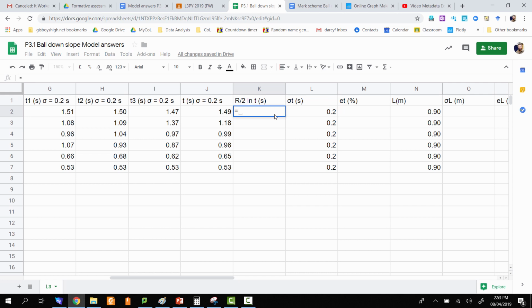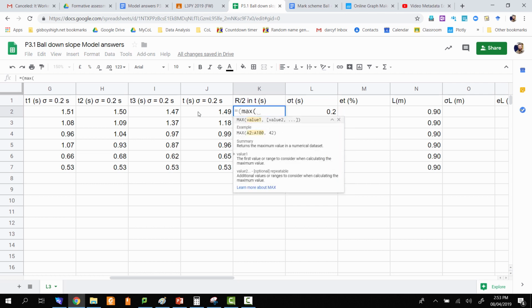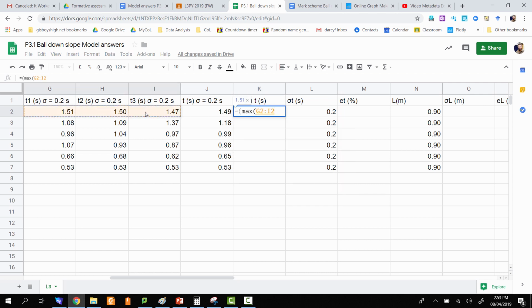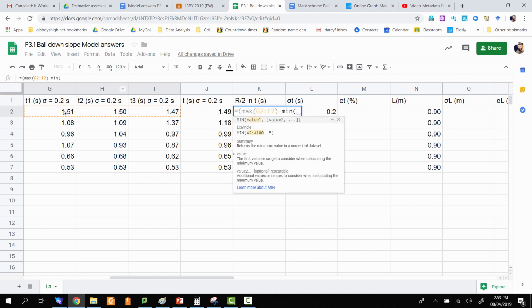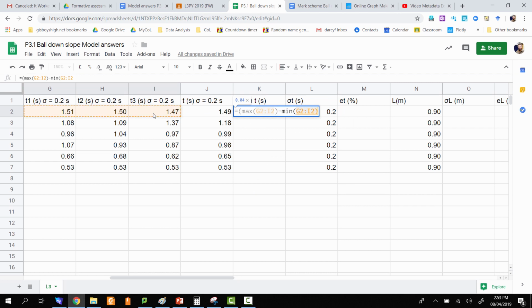So it equals, put it inside a bracket, the maximum of my t values of that line, take away the minimum of my t values of that line, close a bracket because there's my range, and now divided by 2, the whole range, it equals 0.02.